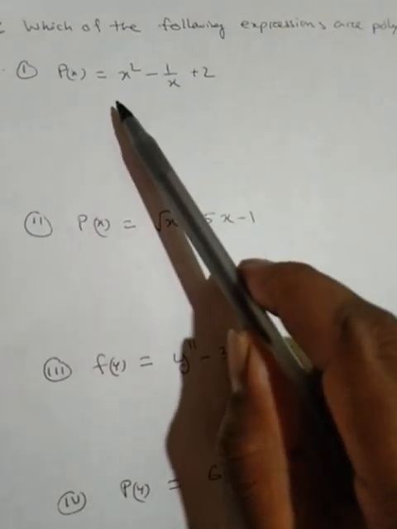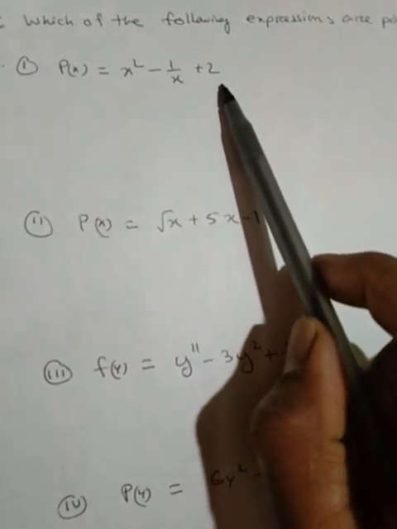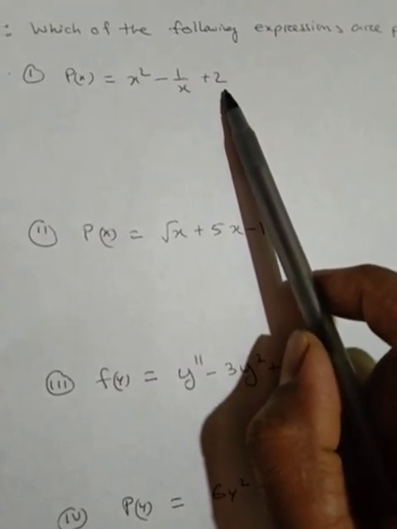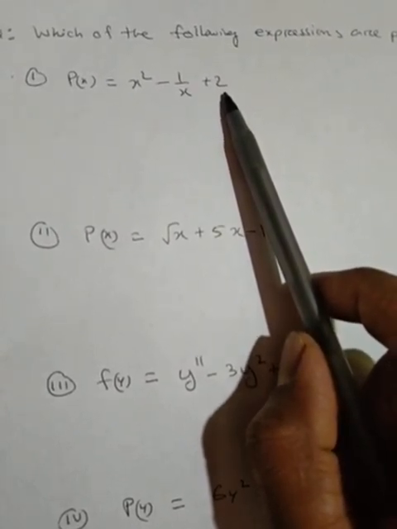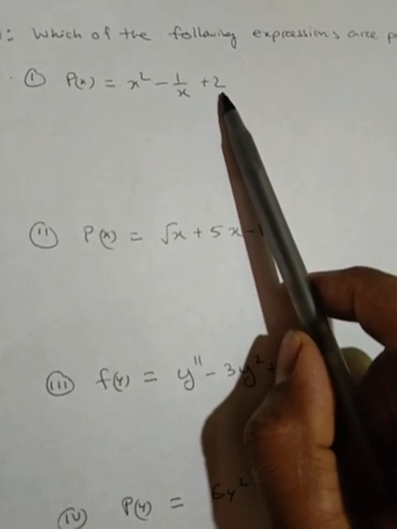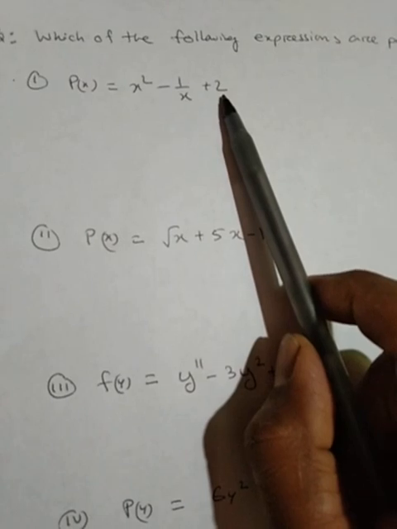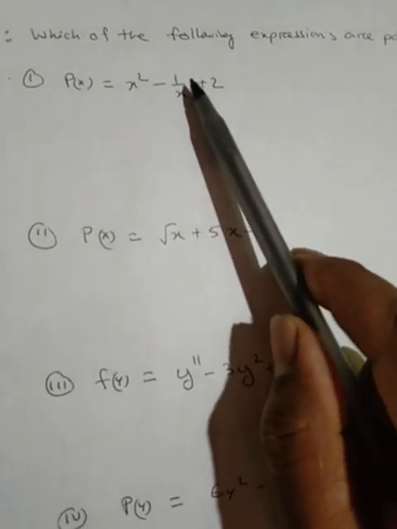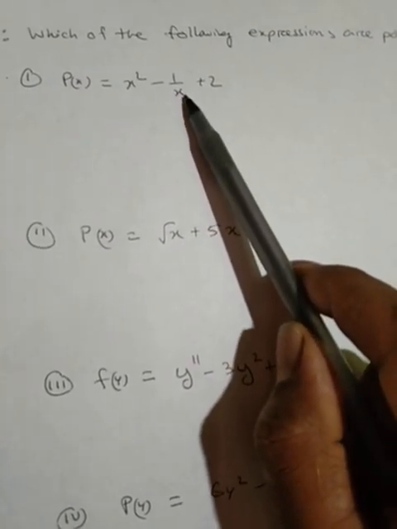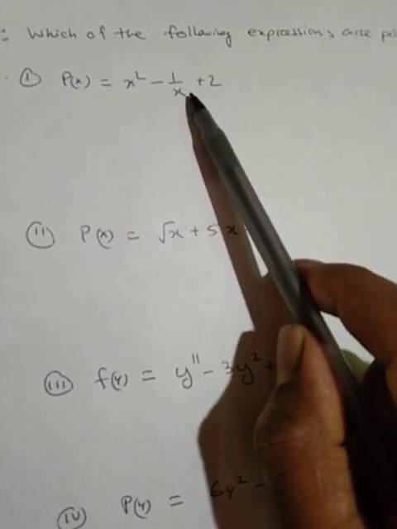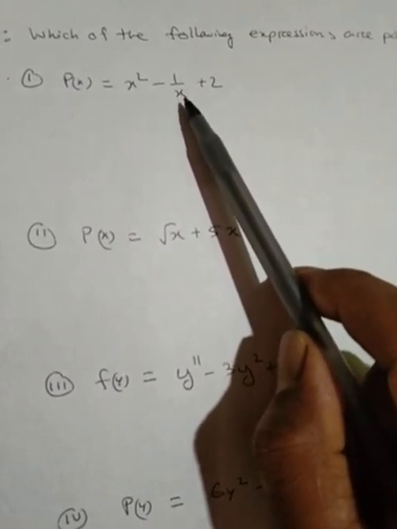So obviously this is not a polynomial, because as we know, if the exponent of the variable is a whole number, then only the expression can be a polynomial. But here 1 by x means the exponent or power of x is minus 1.